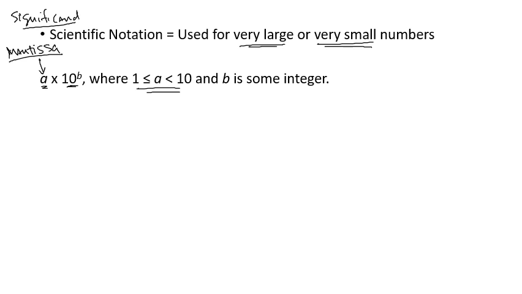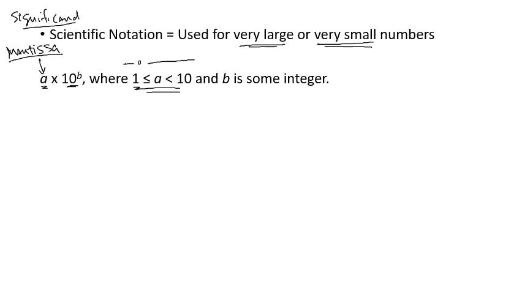And this keeps it to where it's one place value integer, a decimal point, and then whatever decimal stuff comes after that. So it keeps it in the form of something point something decimal. And then our b is going to be some integer value. Now it could be positive, it could be negative.